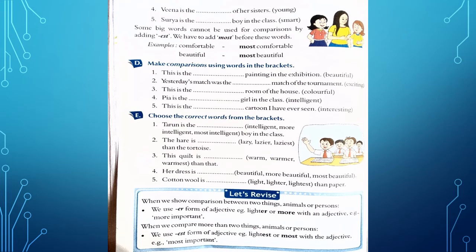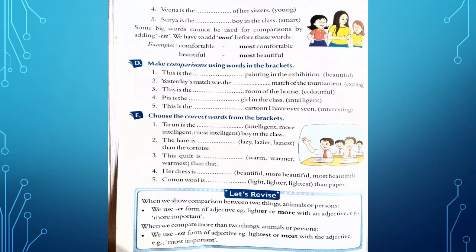Children, like this you have to do exercise D. Now, as I have explained everything using comparison of two persons, things or animals and more than two persons, things and animals, now it's time to do it yourself.